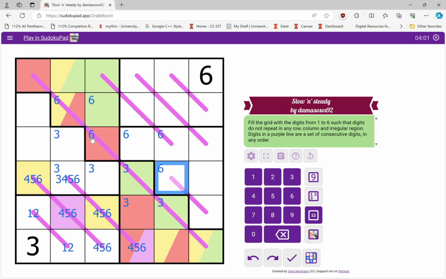So, let's see. Alright. From that, let's see, I'm just trying to figure out where I actually want to go with this now.